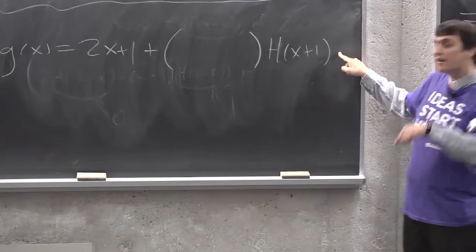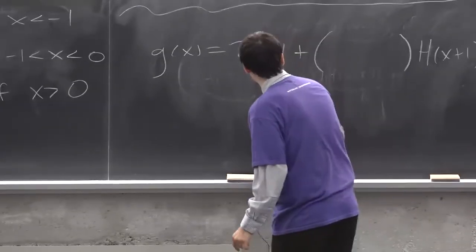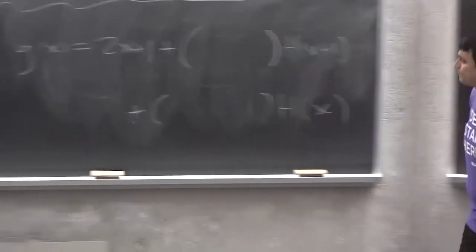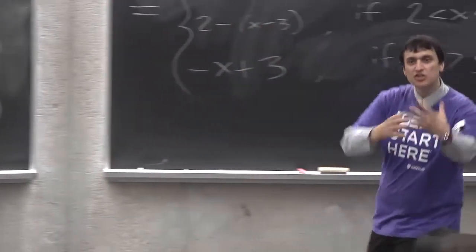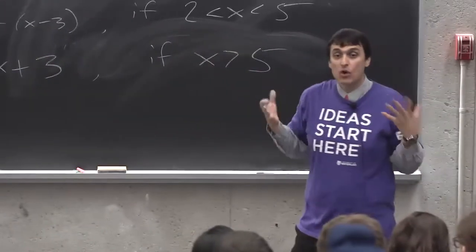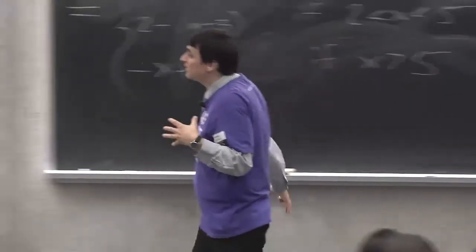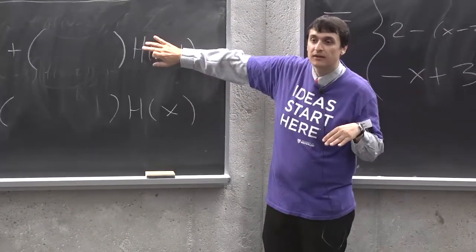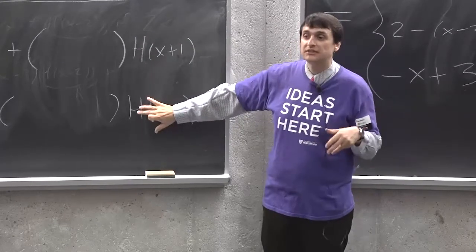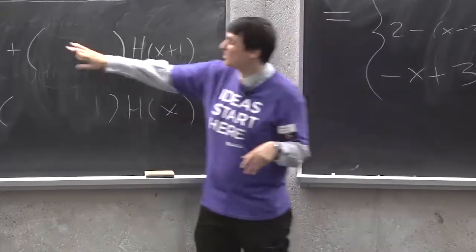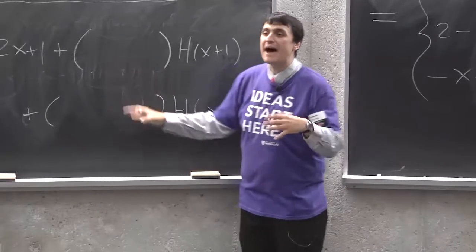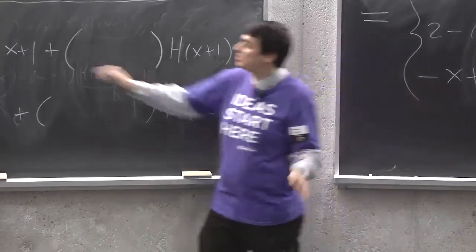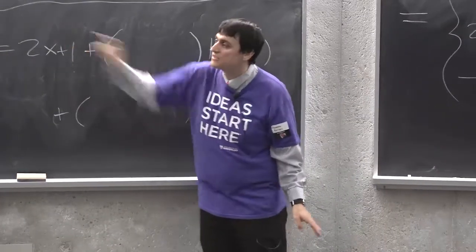And I'm going to put another piece, and just bear with me for a moment. If you're like, where are you getting this from? Give me a moment, and then I'll explain it. If the structure of my answer is like that, I know that I'm on the right track, because h of x plus 1 will be 0 before -1, and h of x will also be 0 before -1. So whatever goes in here, it doesn't really matter yet if I'm just considering x less than -1. 2x plus 1 is what happens first.